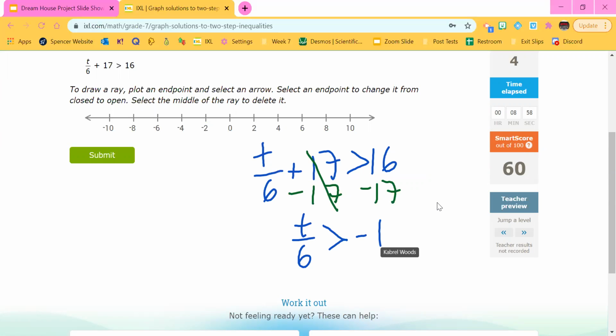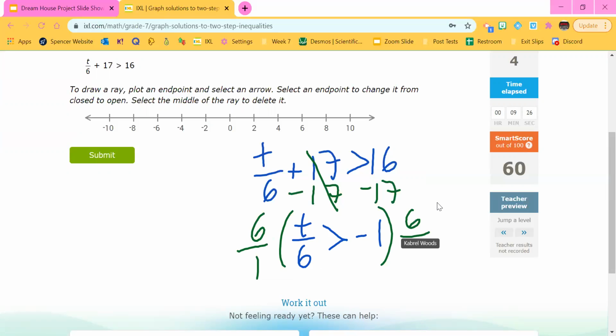So on this one, we still have to get rid of our coefficient. Technically, our coefficient is 1 over 6 because it's invisible right there in front of that t. So we have to multiply by the reciprocal of that to get rid of that coefficient. Oh, hold on, wrong thing. You can either just do 6, or I've told my kids if they feel more comfortable doing 6 over 1, that's fine too.